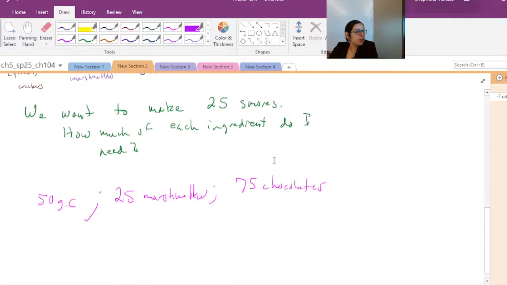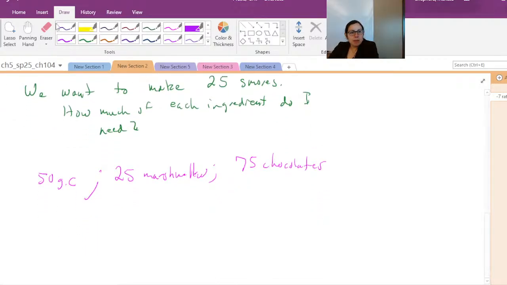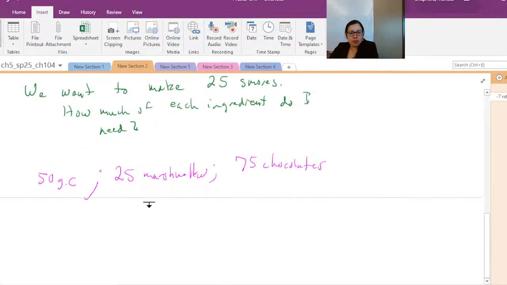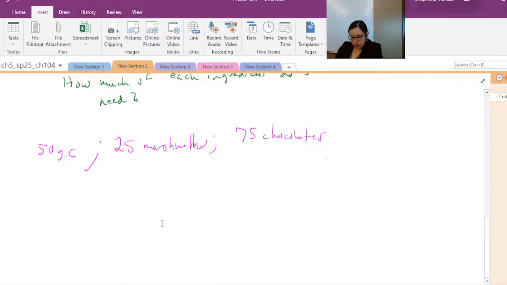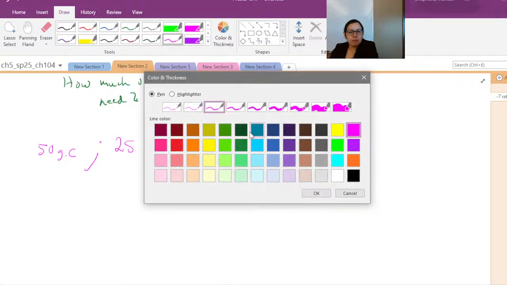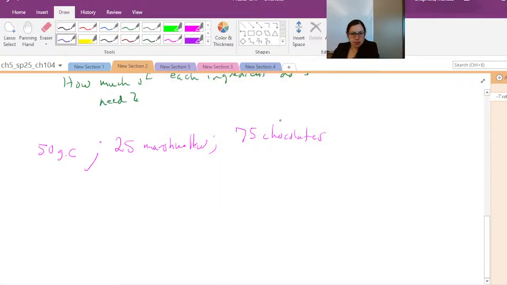So now let's look at another type of problem. So kind of a limiting reagent problem. And so now let's ask, and so same equation.